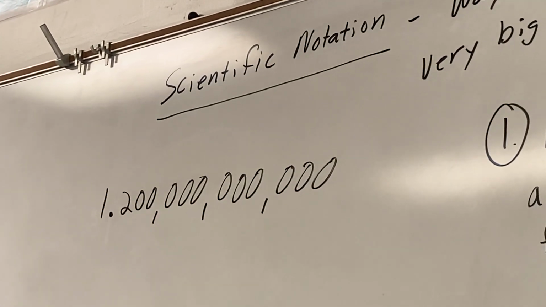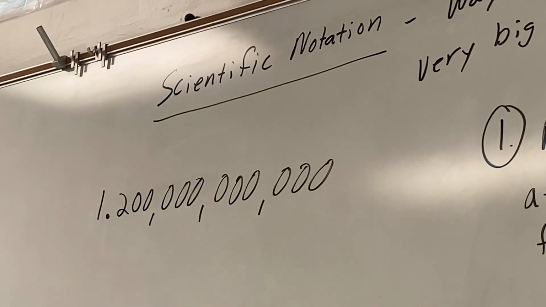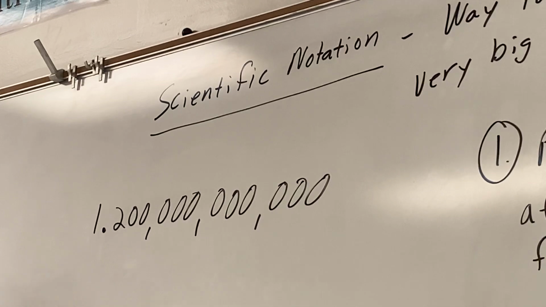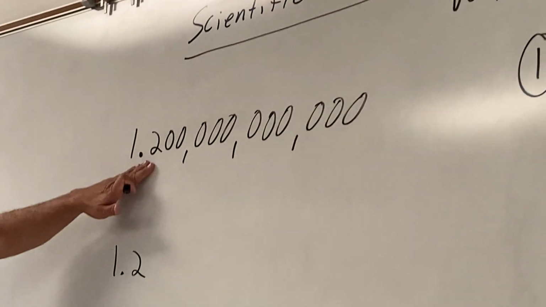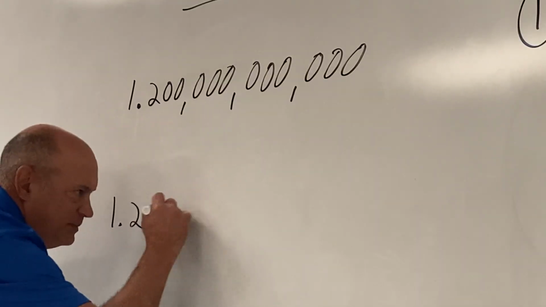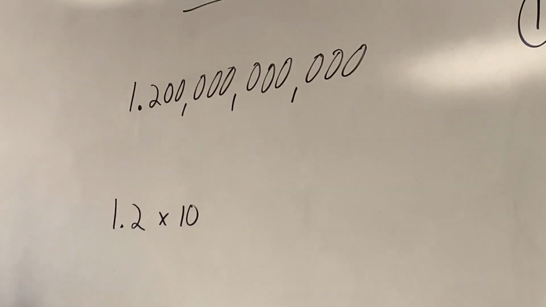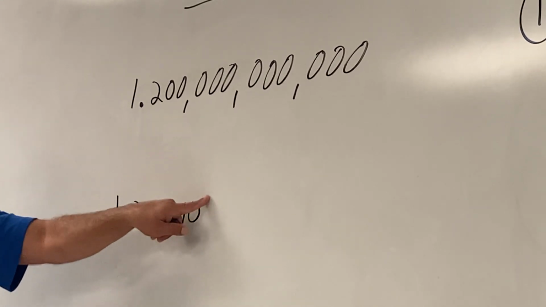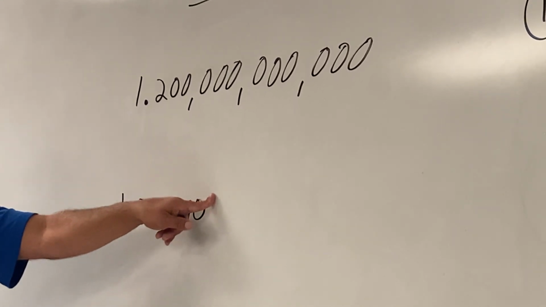Sweet. Now I'm going to write part of my final answer: 1.2. Once you put the decimal in, then those are the numbers you write. We're always going to put times 10, and then a little power up here. I'll tell you how to figure out what number goes up there for the power.